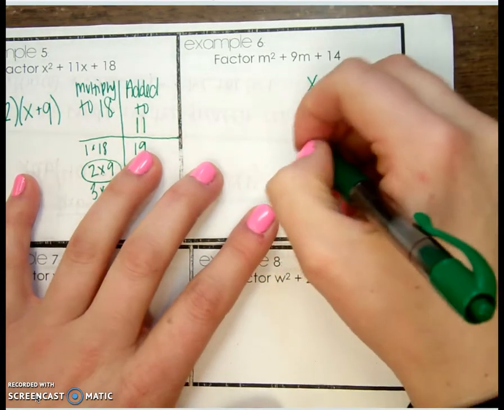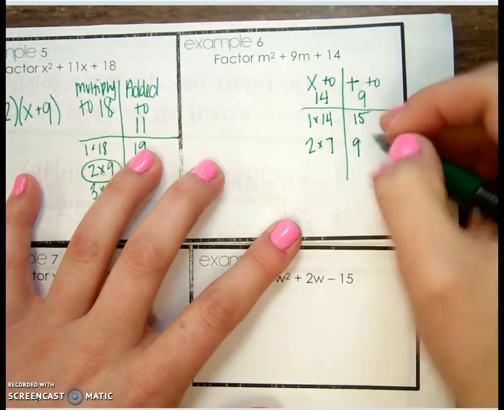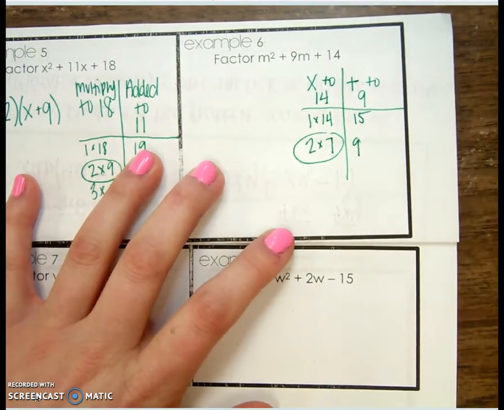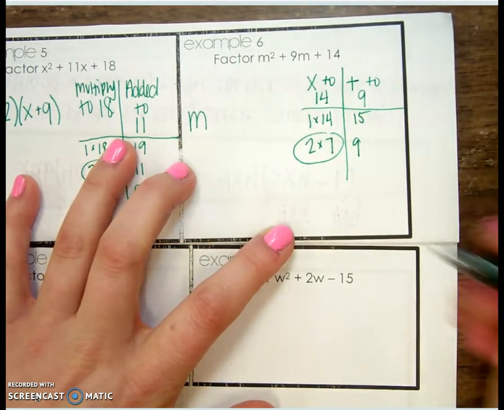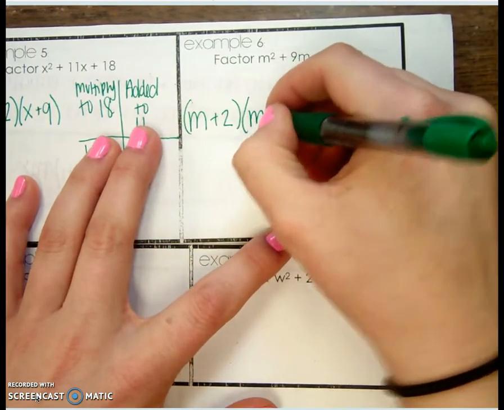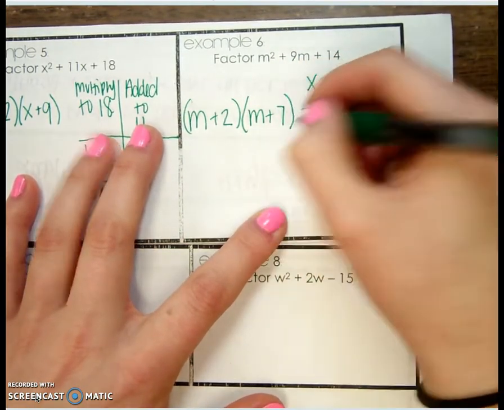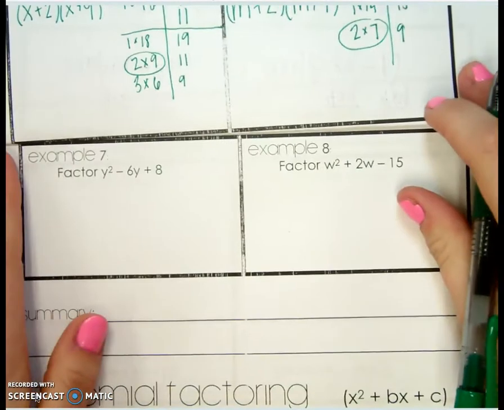There's 2 times 7, and 2 plus 7 is 9. So that's my perfect factor there. So it's going to be m, because that's my variable, plus 2 times m plus 7.